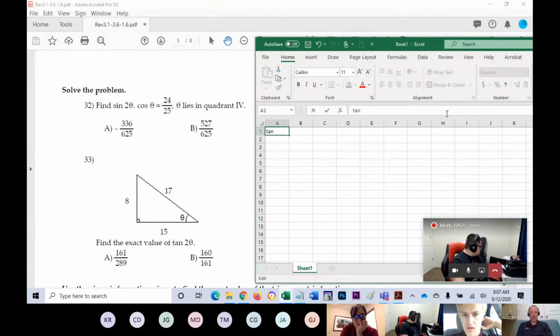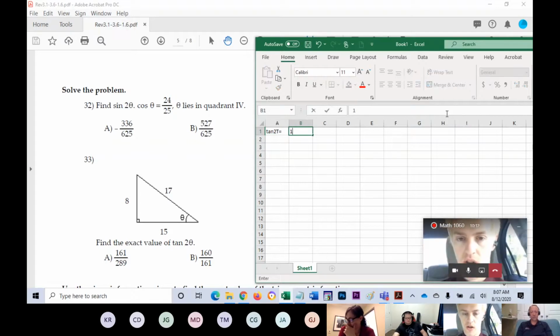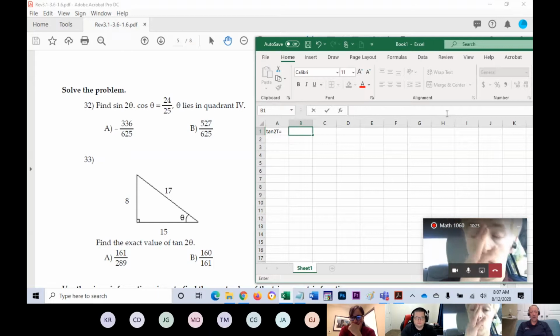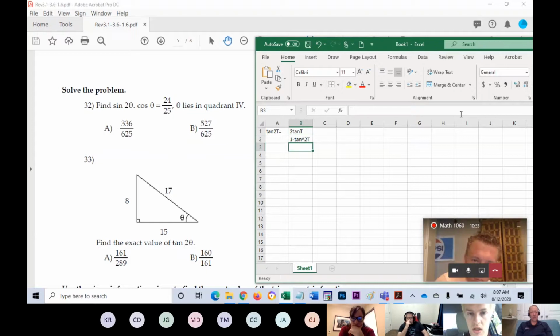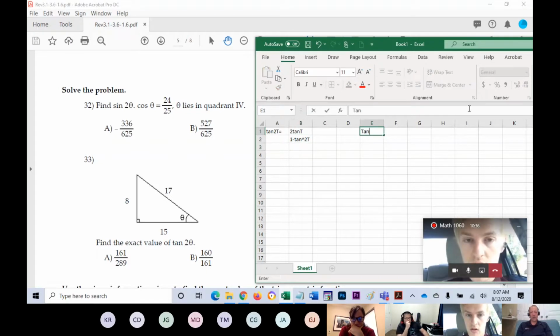And we know that the tangent of theta is 8/15.